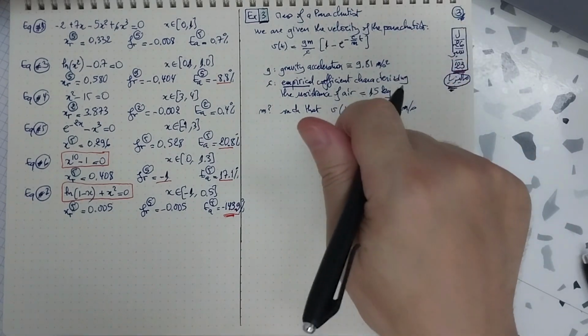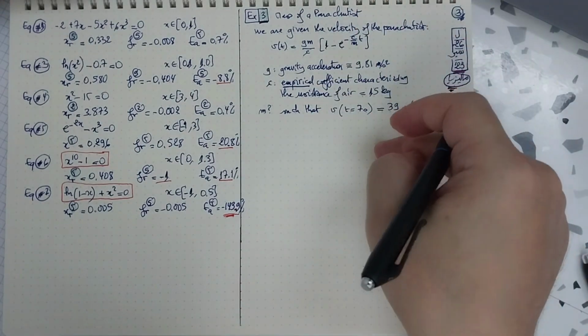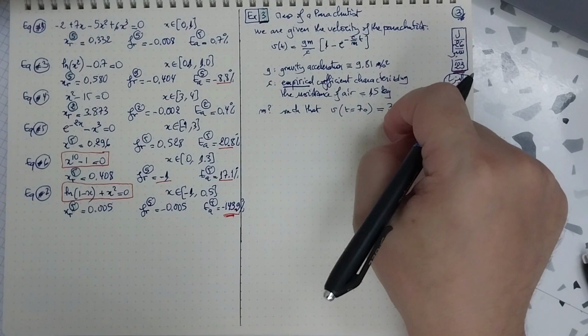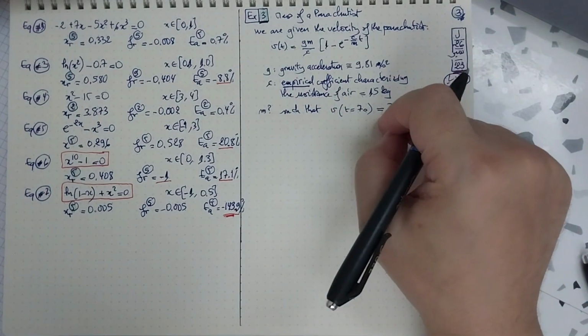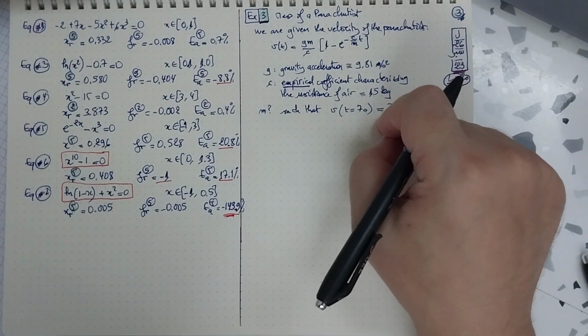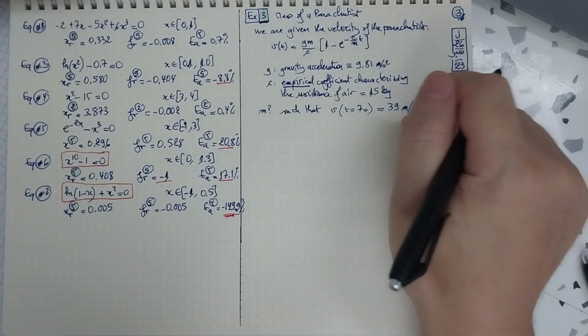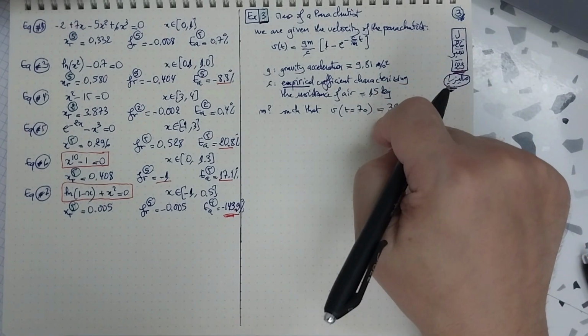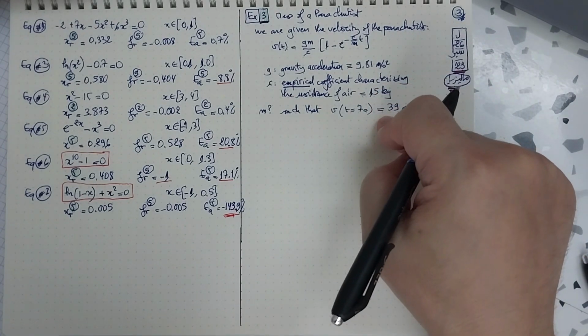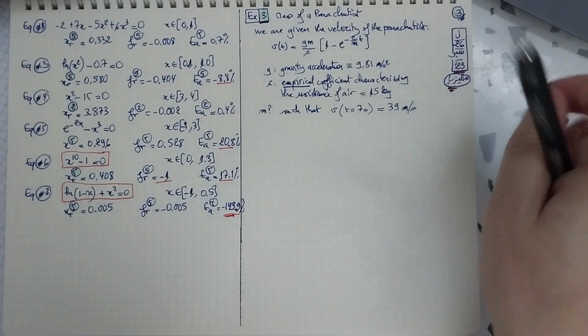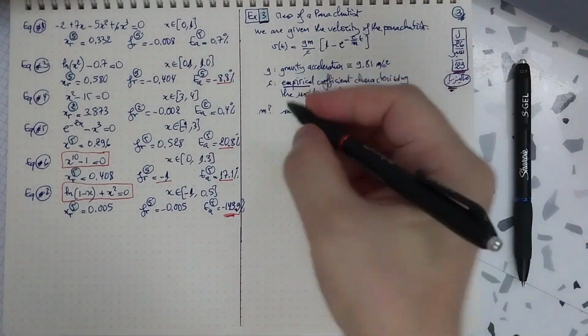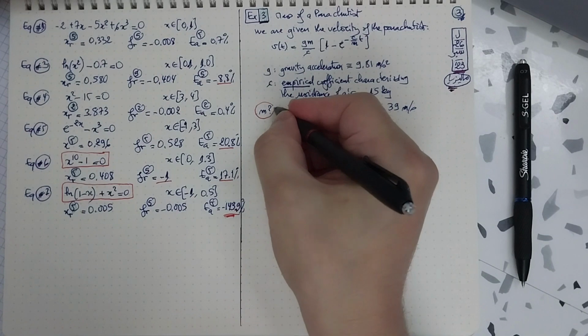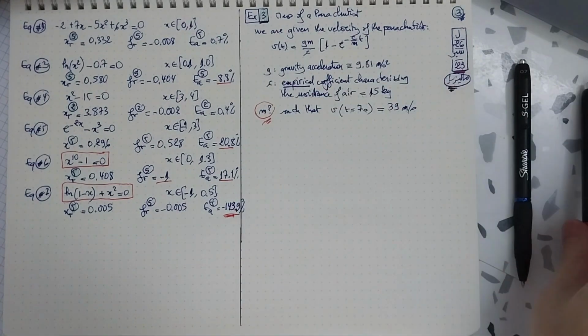There is someone observing the parachutist falling, and he noticed with an apparatus that his velocity after 7 seconds of fall is 39 meter per second. And our task is to find the mass. Now this is the exercise.